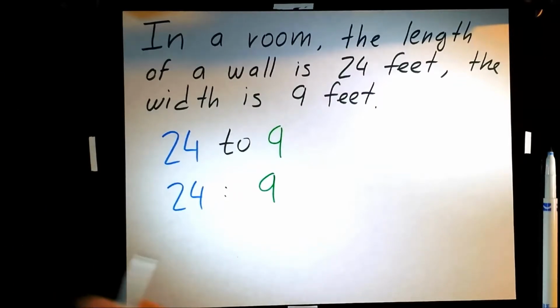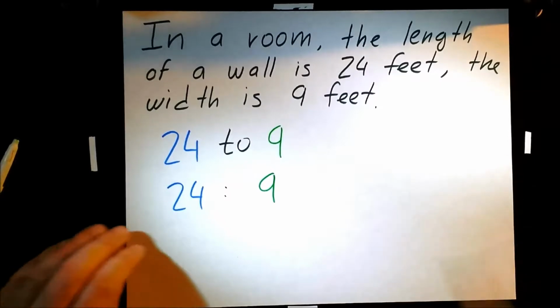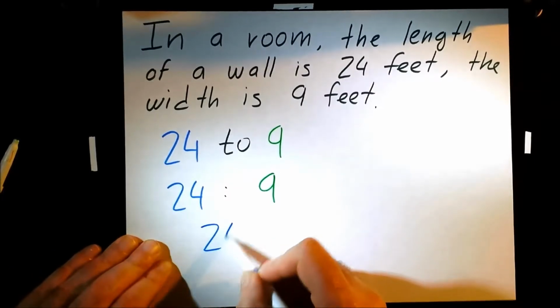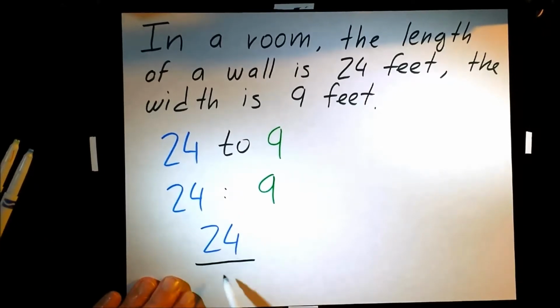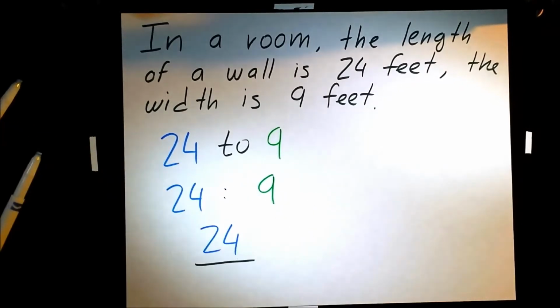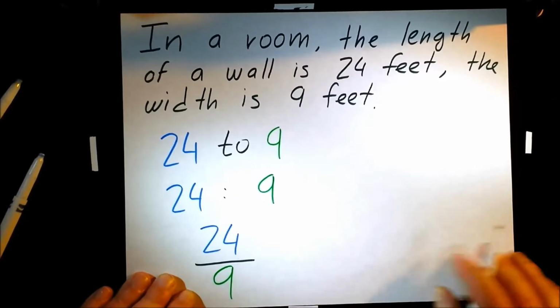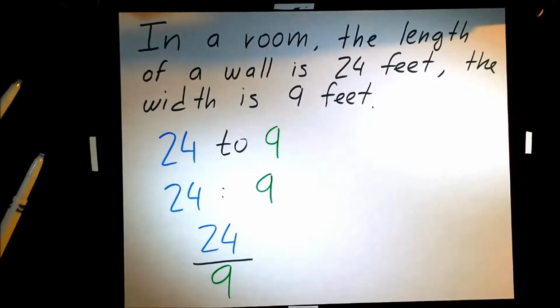And this is by far my favorite way of writing it. So 24 over 9. So those are the three ways we can write that particular ratio. And again, we will always use the fractional form for any calculations because it's the easiest one to work with.